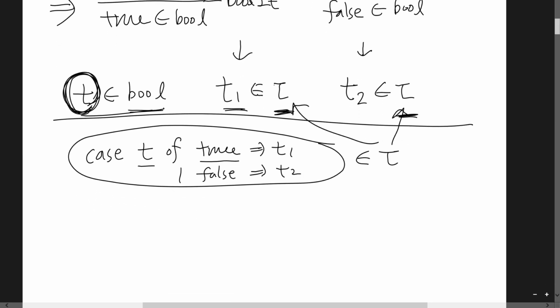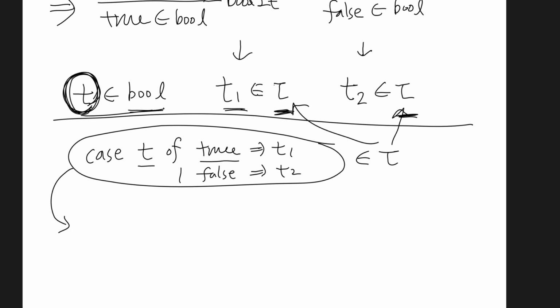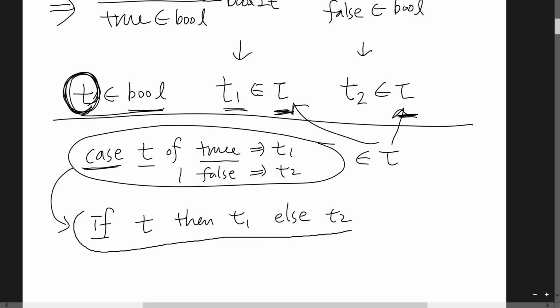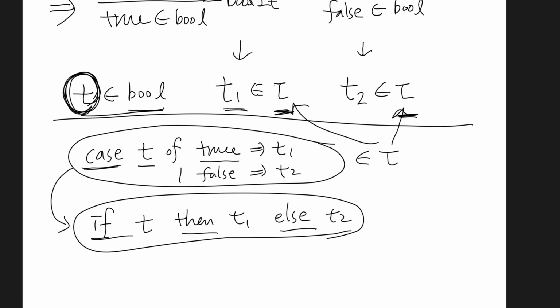And we can simplify this term into a more familiar form, which is if then else. So instead of this case keyword, we could just write if term t, then we take t1, or else we take t2. So you can think of this if then else construct as a slight simplification of this case construct.